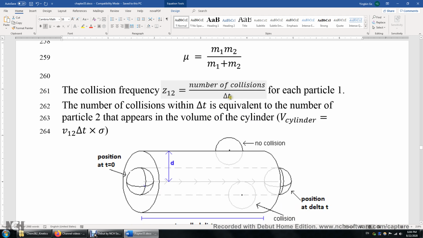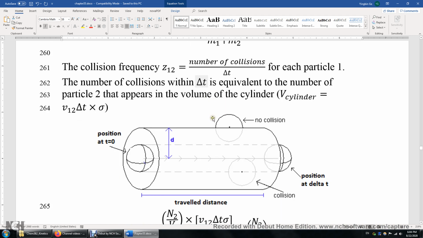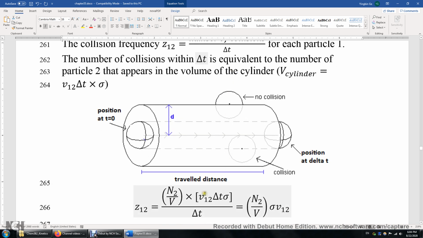So within this time period, delta t, now we need to use the relative speed. So the distance this type 1 travels relative to type 2 molecules is this relative speed times delta t. And now we calculate the volume of the cylinder. The bottom surface area is pi times (r1 plus r2) squared, and it's sigma.